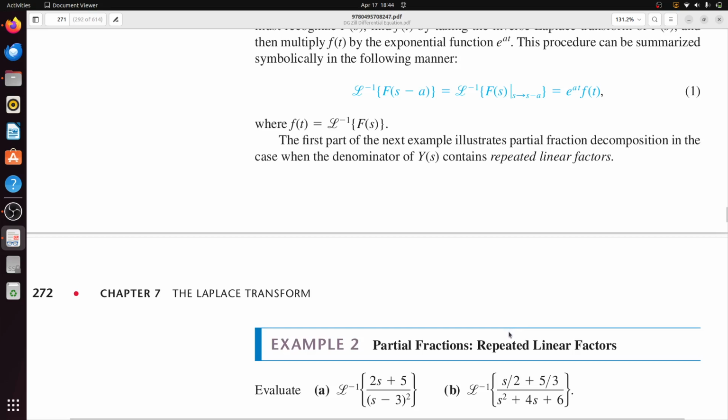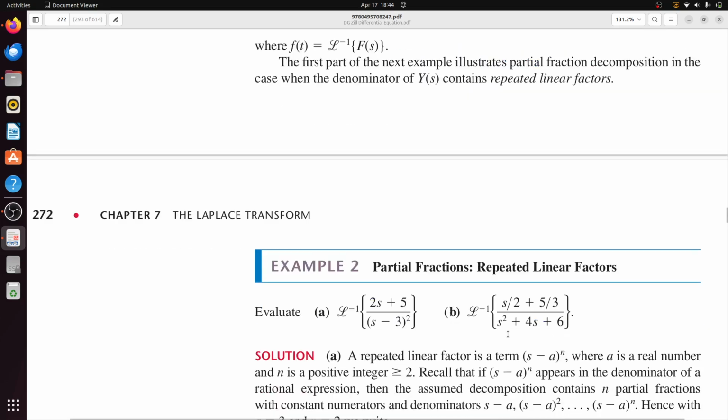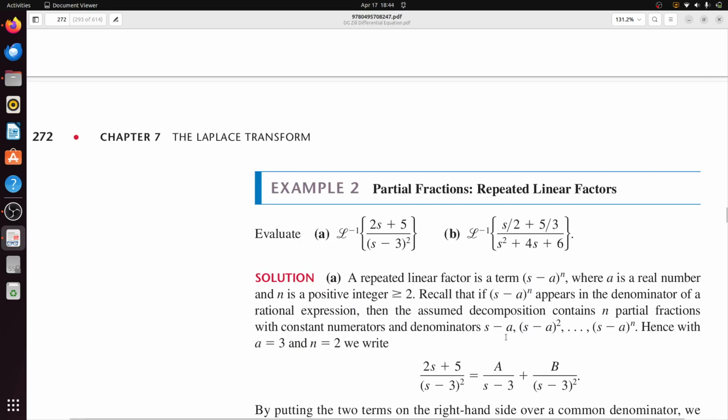Now there is a very nice example here: (2s plus 5) divided by (s minus 3) whole square. What you will do is write (2s plus 5) by (s minus 3) whole square equal to A by (s minus 3) plus B by (s minus 3) whole square.